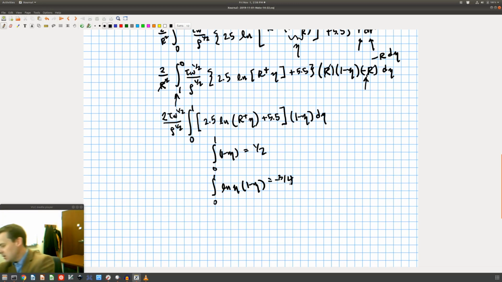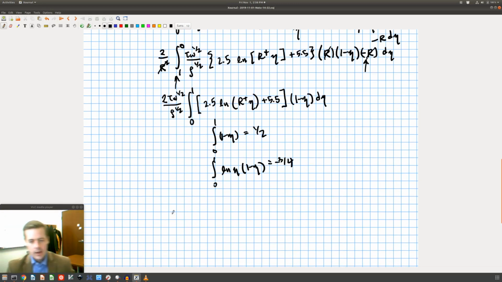Okay, so plugging that all together, putting those pieces back in, I end up with this 2 tau to the 1/2 divided by rho to the 1/2. And then I have 1/2 multiplied by 2.5 log r plus 5.5.